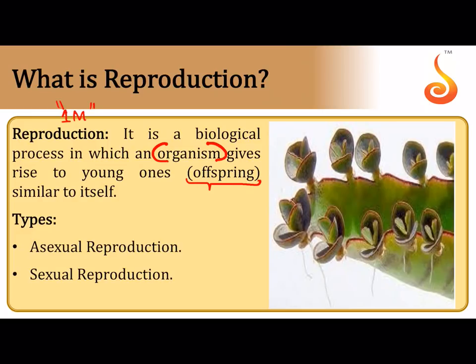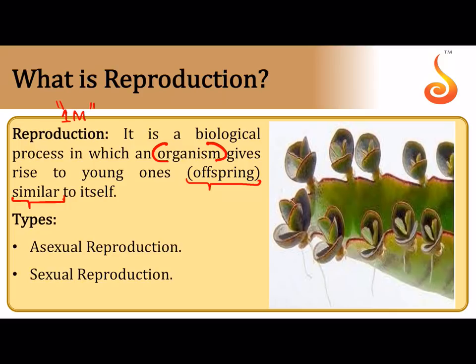And always remember, the offsprings are similar to the parent. Obviously, because they share the genetic material of the parent, isn't it? As a result, the offsprings are similar to the parent. So remember, it is a process where an organism gives rise to young ones which are similar to itself. How exactly does reproduction take place in living organisms?